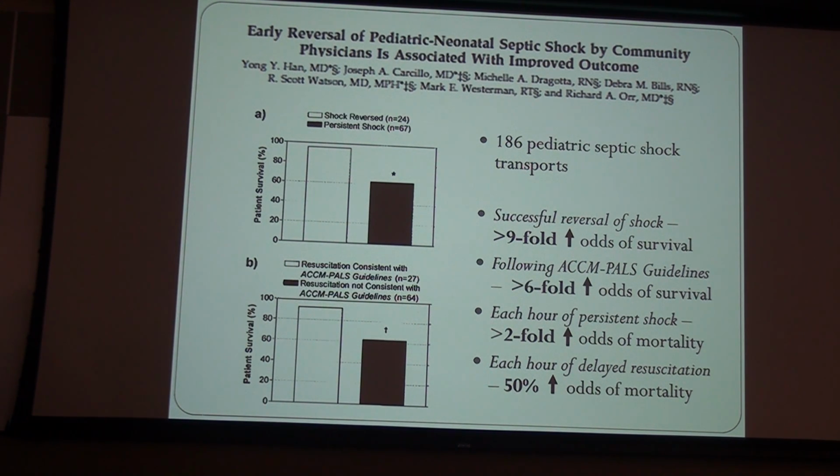Some people work in non-pediatric settings, and some of the challenges there are things like not having enough kids to get IV practice. But this early study, talked about throughout the literature, advocates for early reversal of shock. Even in the community, remember, every hour increases that child's risk of mortality. So placing an IO if you can't get an IV is really important, and not delaying.